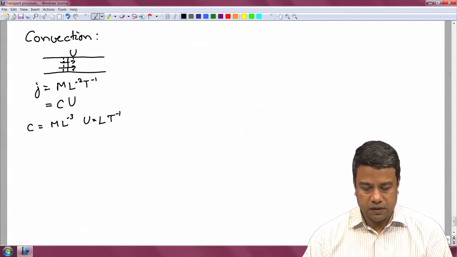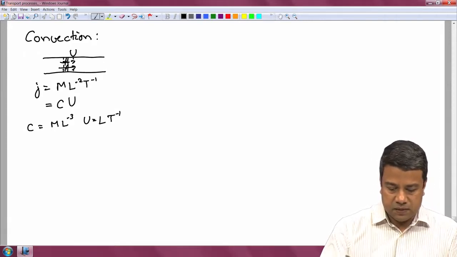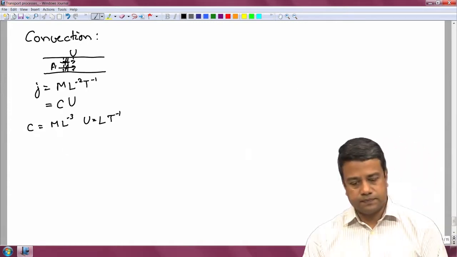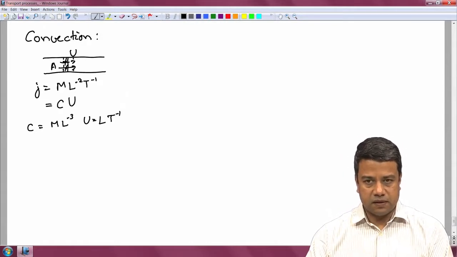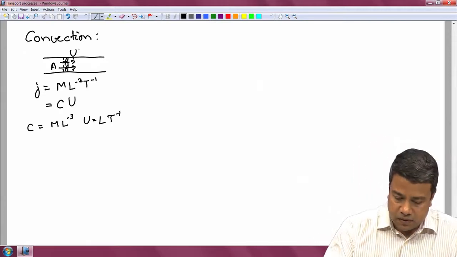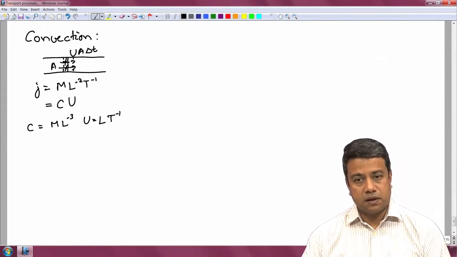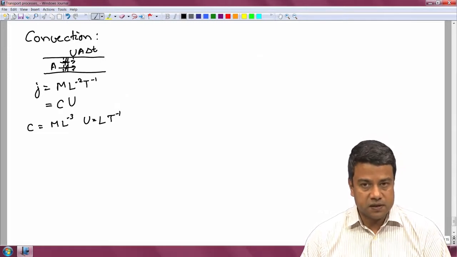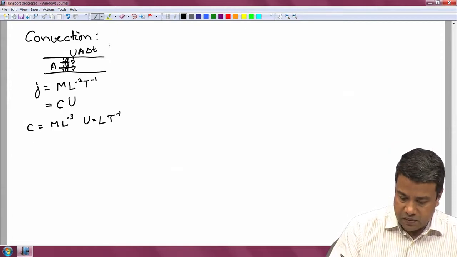To explain it again, if I had a volume here, which had some particular thickness, and some cross sectional area A, after time delta t, it has moved to the right. The volume that has moved to the right is going to be equal to UA times delta t. Therefore, the mass that has moved to the right is going to be this volume times the concentration.